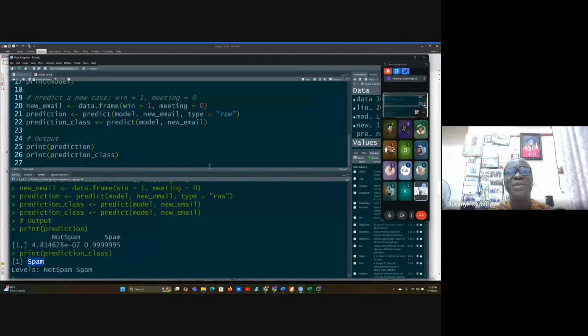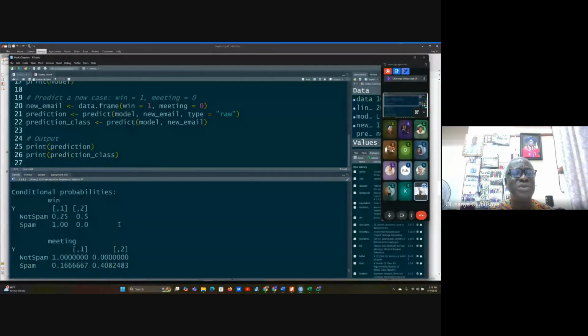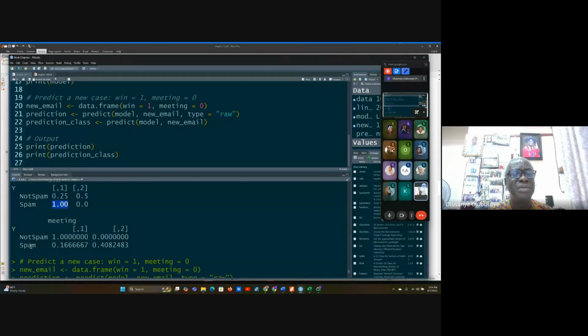And based on the probability values that I've shown here, for instance, words like "win" are highly associated with spam, and words like "meeting" are strongly associated with not spam.